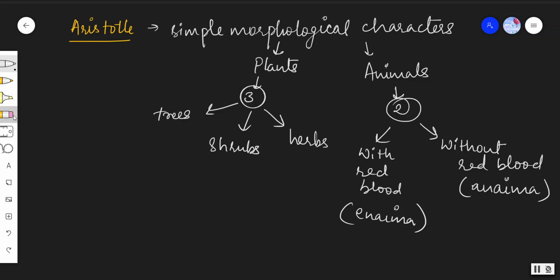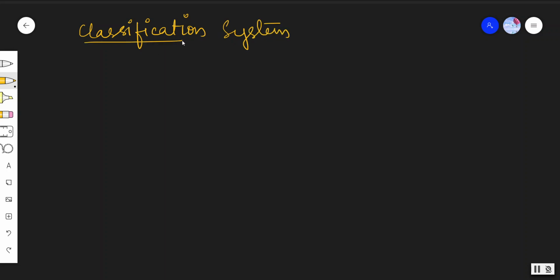To understand that, I need to tell you something about the classification system first. Classification systems are actually of three types.